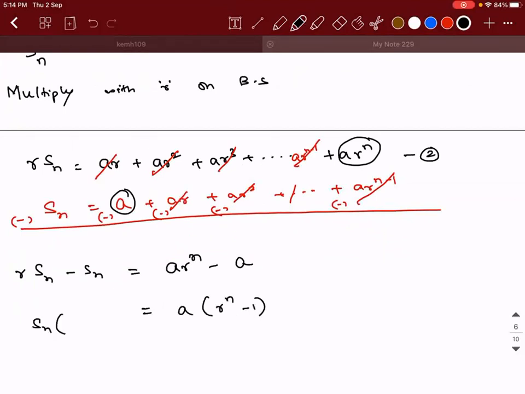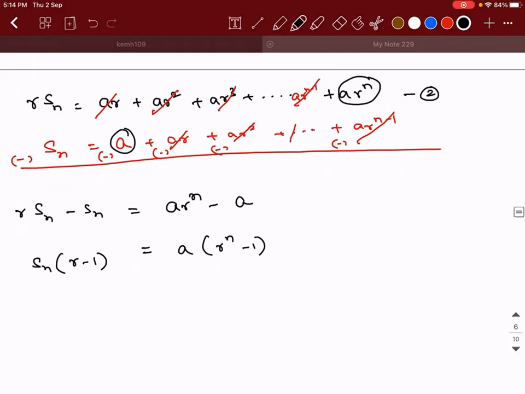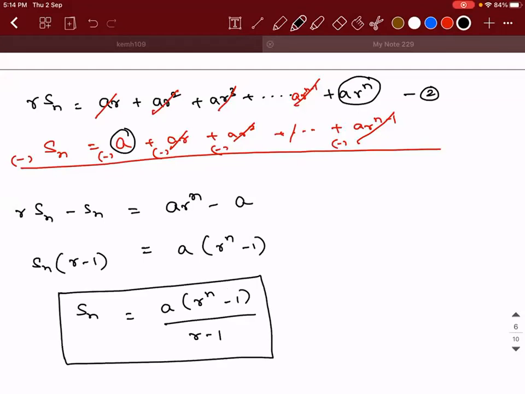Here if I take out Sn common, it will be R minus 1. So Sn will be equal to A into R power n minus 1, the whole divided by R minus 1. So this is the sum of the terms with the sequence A, AR, AR square, so on till AR power n minus 1 to be in geometric progression.